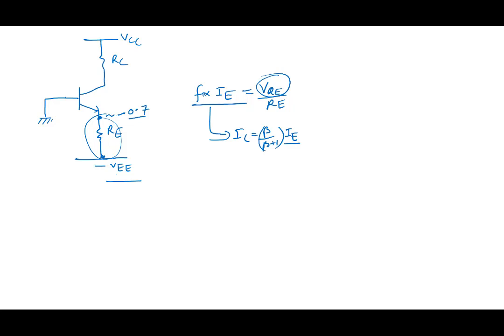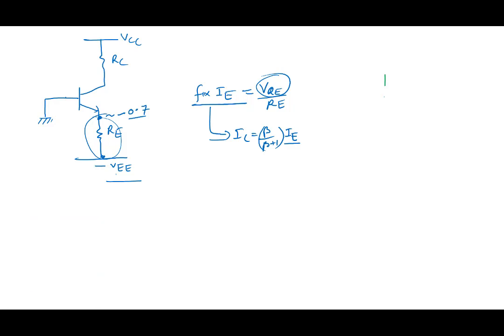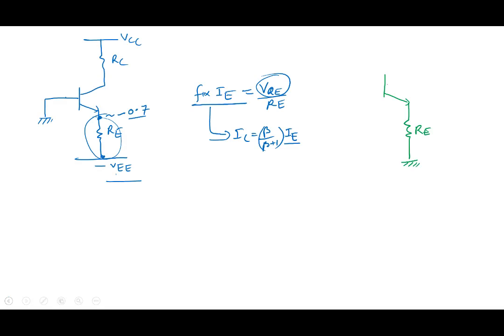So if I don't want to use the negative supply voltage, let me draw the circuit now. I would like still the same circuit here, but I don't want to use a negative supply voltage, so I'm going to put ground. RC is going to be there as usual. Now I want to fix this voltage here. I want to create a voltage at this point such that this minus 0 will give me VE, and the drop across this divided by RE will fix the value of IE.